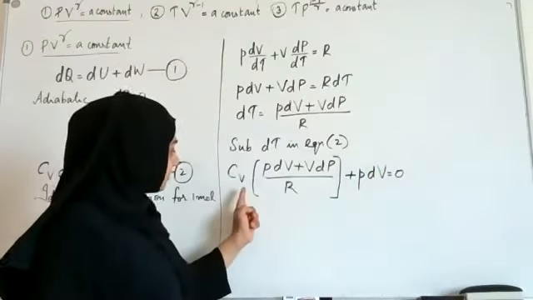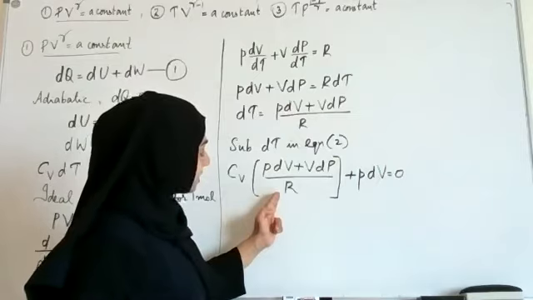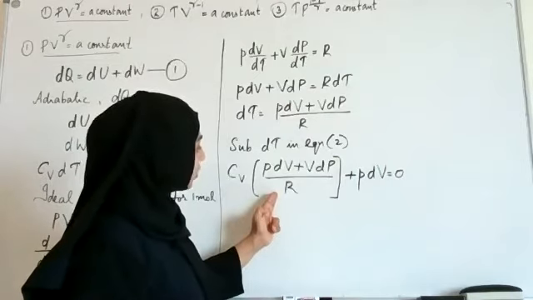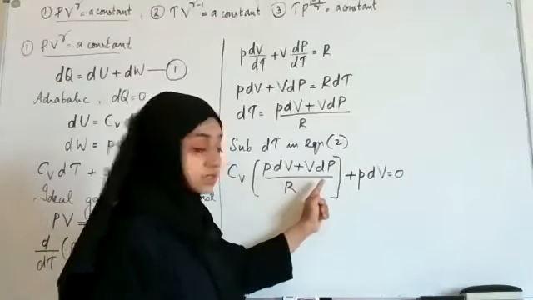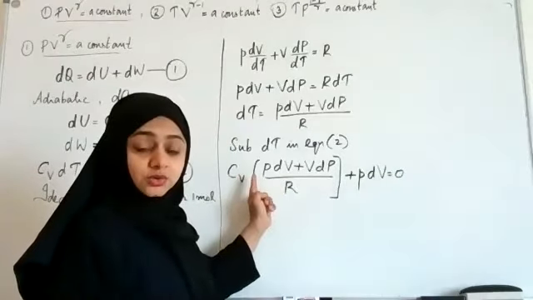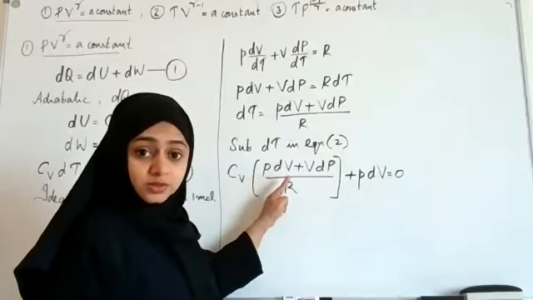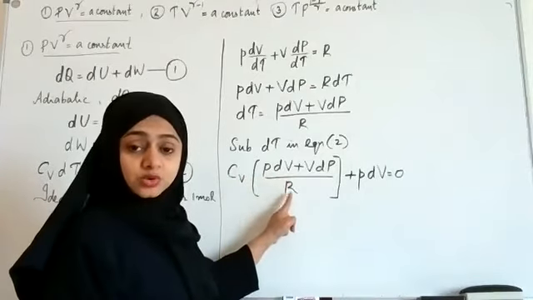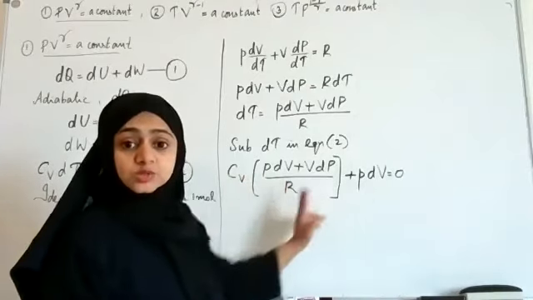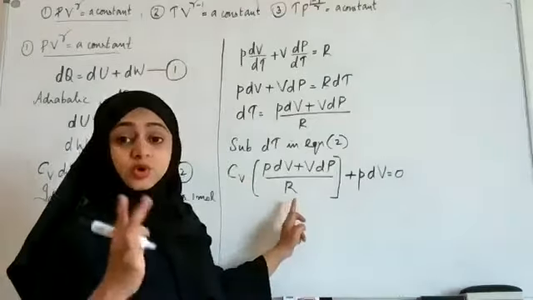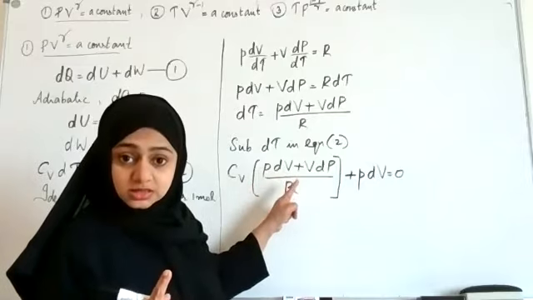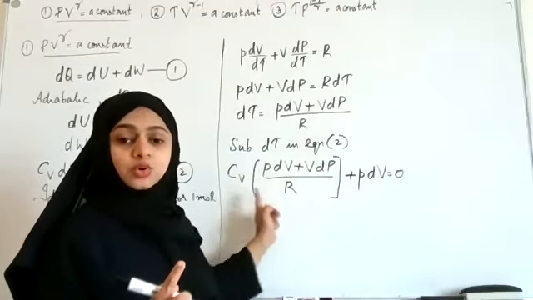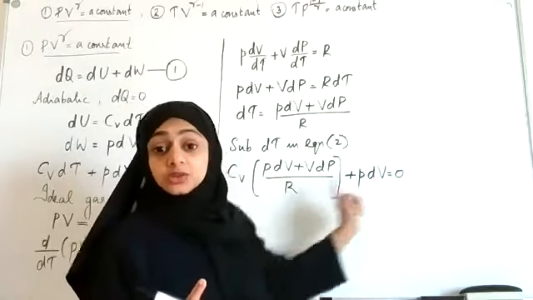So here I have R. What I'm going to do is take Cv into the bracket and also multiply throughout the expression with R. So I'm doing two things at the same time.